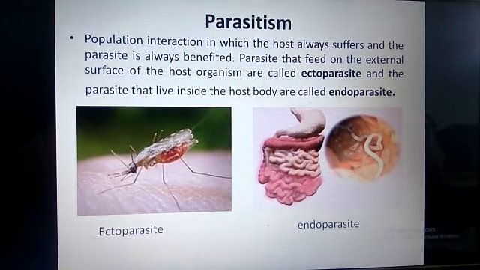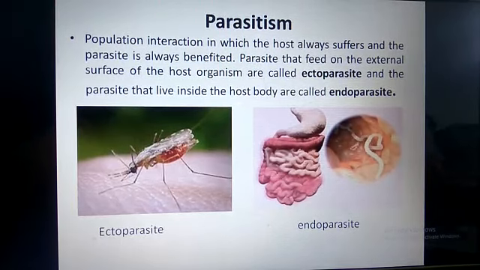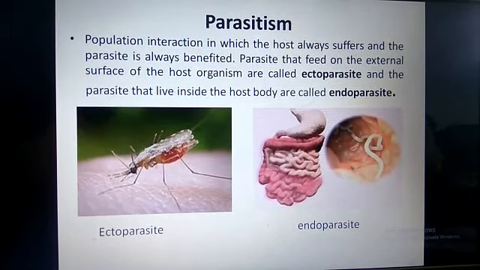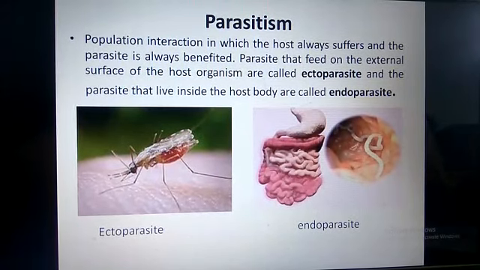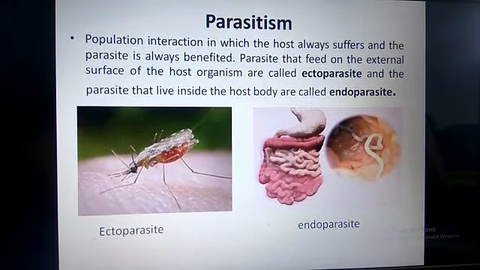They suck blood from the external surface of the human body. And the parasites that live inside the host are called endoparasites. You can see the picture. A worm that is living and deriving nutrition from inside the host body is an example of an endoparasite.